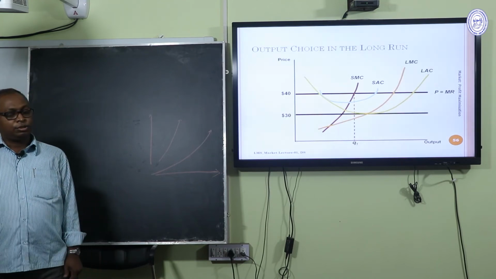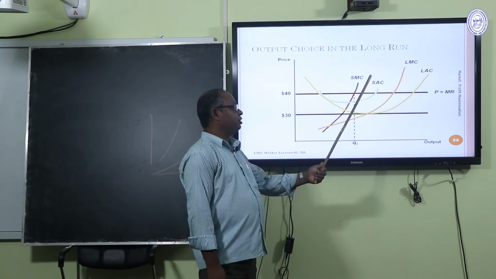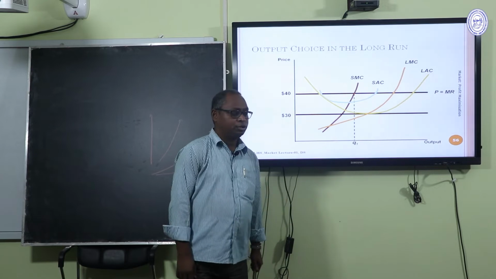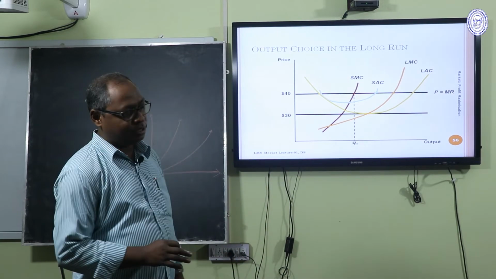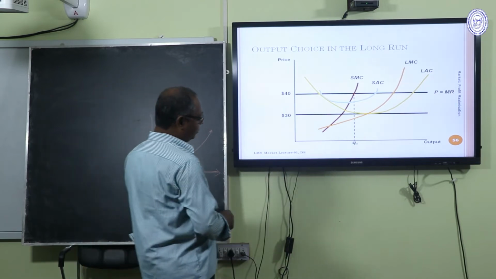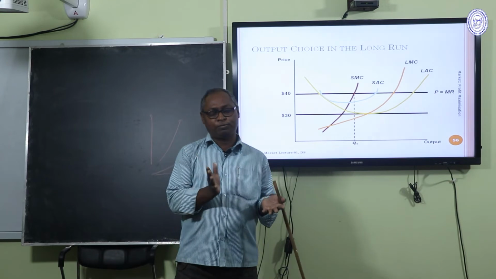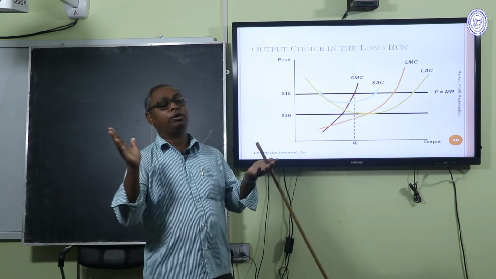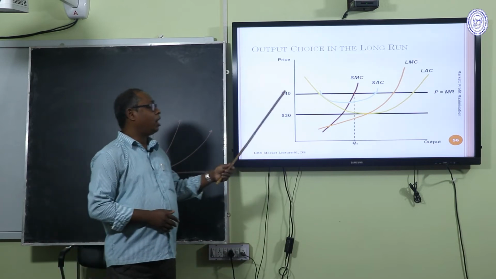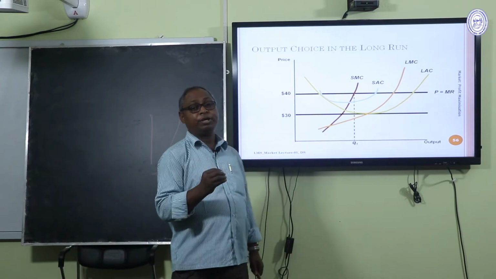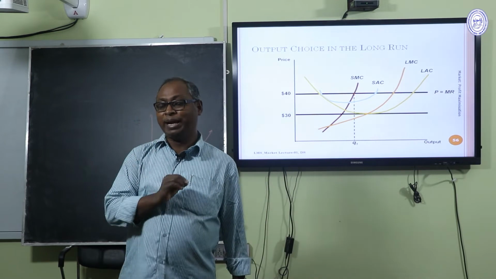Now, if we introduce the long run situation along with the short run situation, you should recall the thing easily from the theory of cost. The long run cost curve is the set of combinations of all short run cost curves that give the minimum cost for each and every plant size.